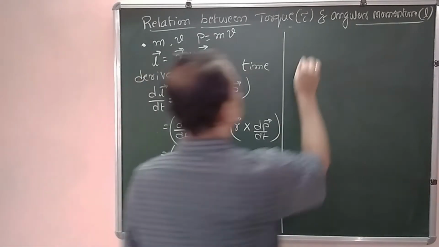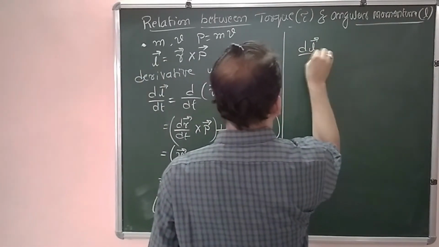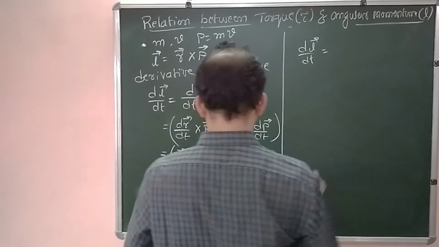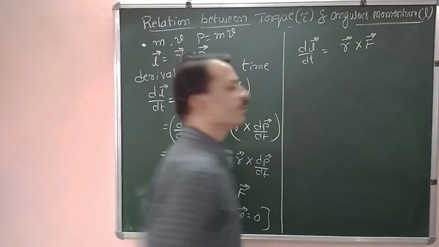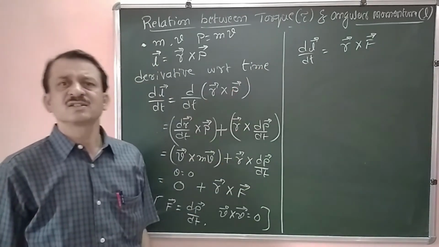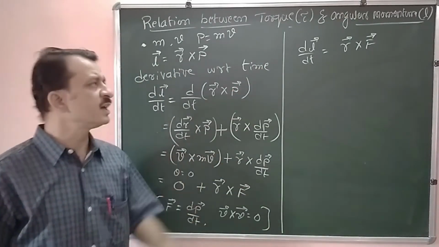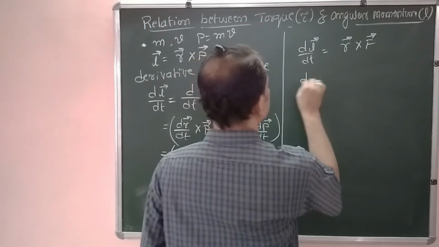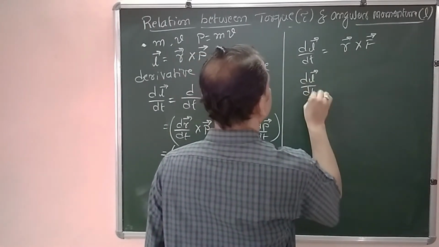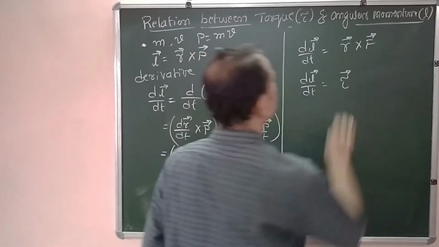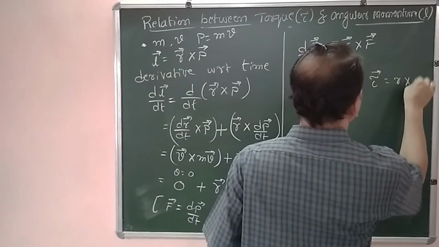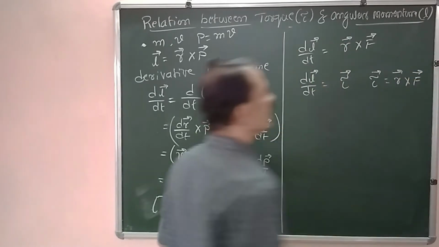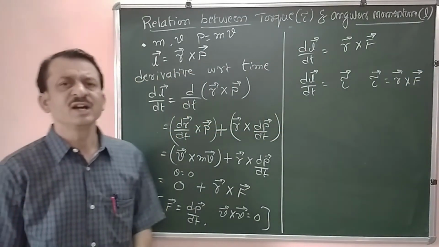Therefore, we are left with dL by dt is equal to r cross F. Now, what is r cross F? Just as we defined earlier, it is the torque, where tau is given by r cross F. It is the moment of force or the torque.